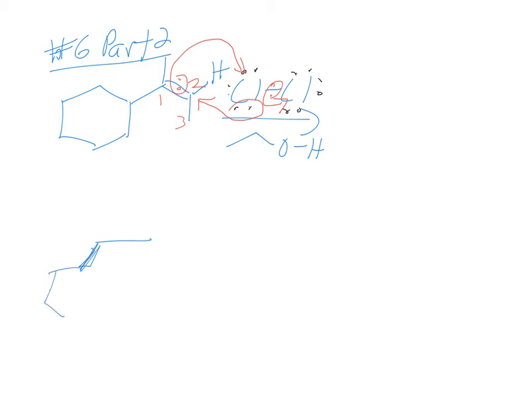I'm going to redraw it with wedges and hatches, where that cyclohexyl ring and carbon 3 are on the same side. They're both wedged. That's a wedge. That's a wedge. That's a wedge.